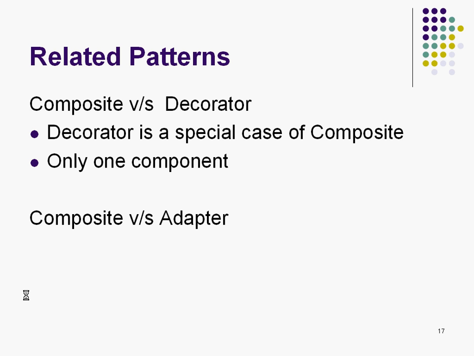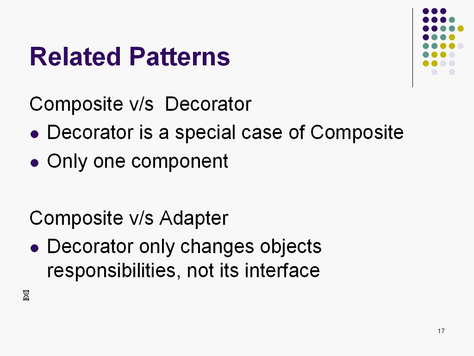So to make these work together, you have this adapter. There the interface was being changed. Although the behavior was similar, the interface was changed to match with one another. In the case of decorator, it only changes the object responsibility or extends it, but it does not change the interface. We had the price operation defined in the base class, and that remains the same in all the derived classes. So that's the difference between composite and adapter.